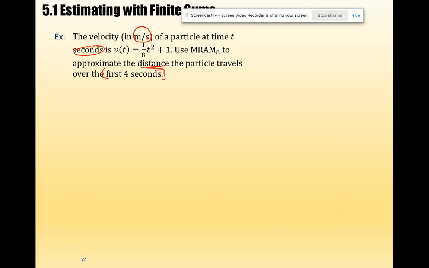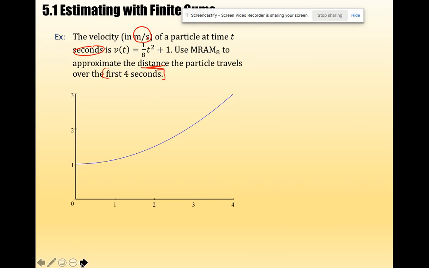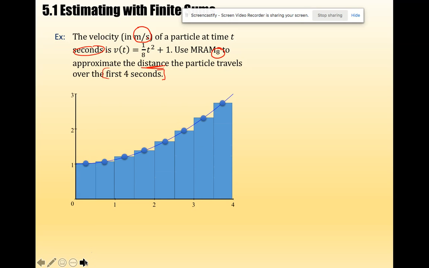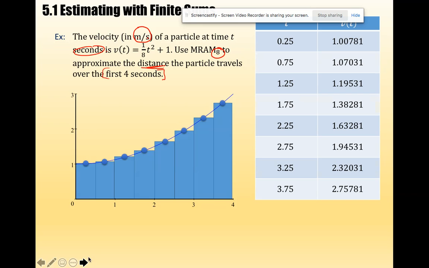That is kind of crazy. And all I'm doing here is showing you how can I get a better approximation to the actual distance? It's by making more rectangles. I know that MRAM usually gets closer than either L or RRAM, so I did MRAM.